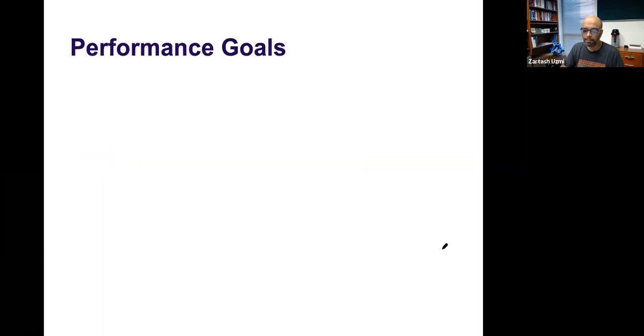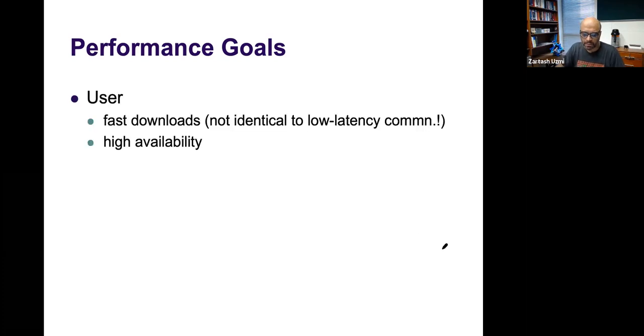The performance goals will have multiple dimensions. One is for the users, one is for the service provider, one is for the content provider, and so on. The performance goal of HTTP for the user is that it should allow fast downloads.